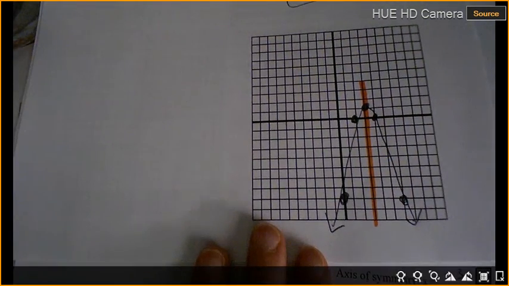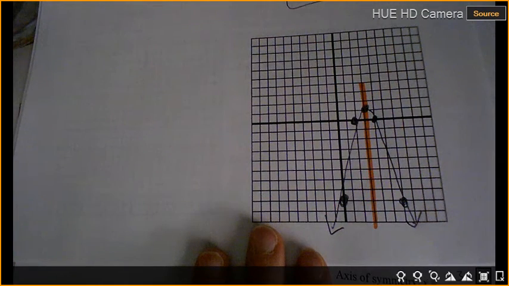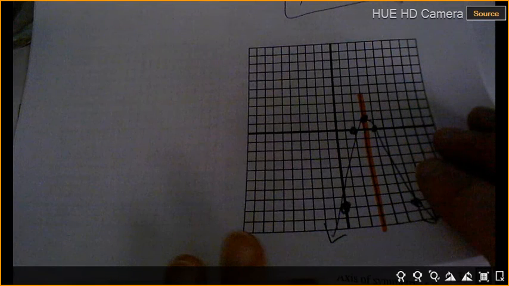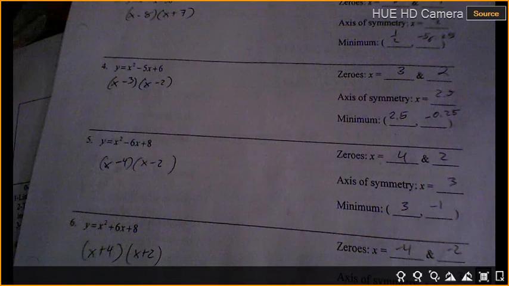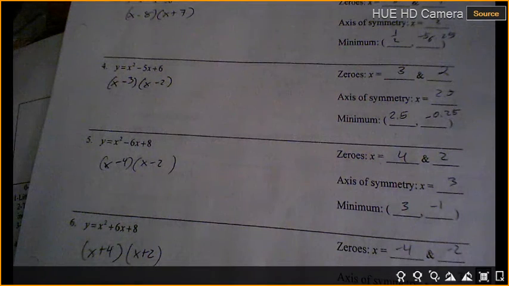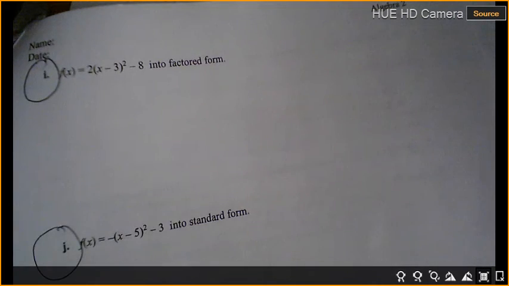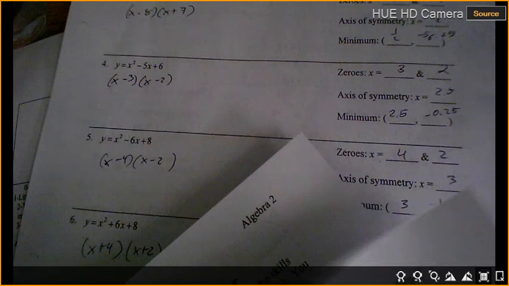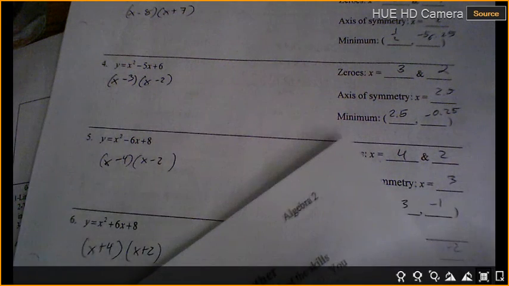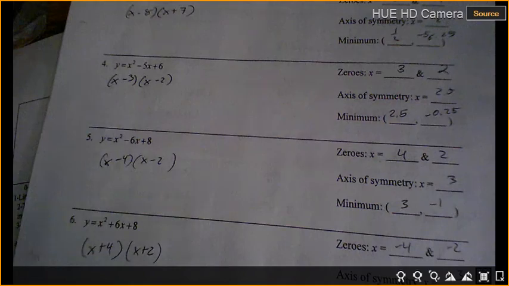Questions? Okay, so you guys are going to graph number 2. And you are going to do problems D, I, and J. You can do the rest of them in any way you can figure out how, and I will give you extra credit for that.